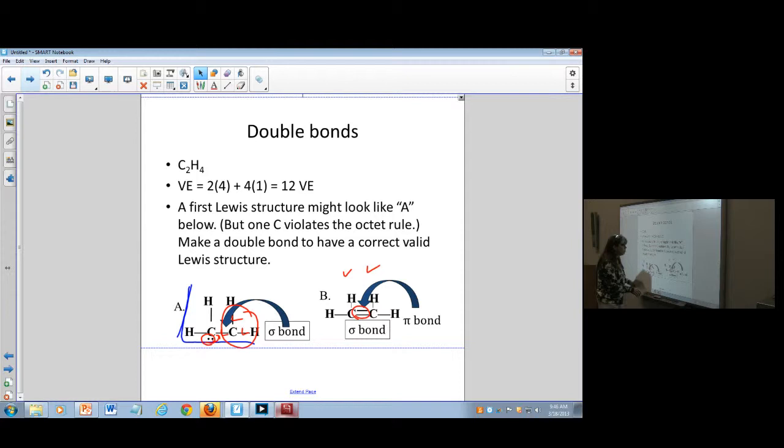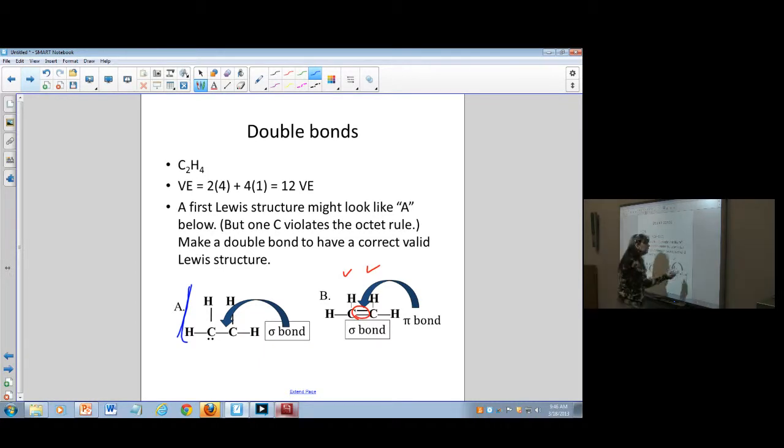Now that first bond, the one we had over here, this one, that was a sigma bond. That's the first single bond. Because we need another bond to make this structure legal, that second bond is a pi bond, which forms the double bond.